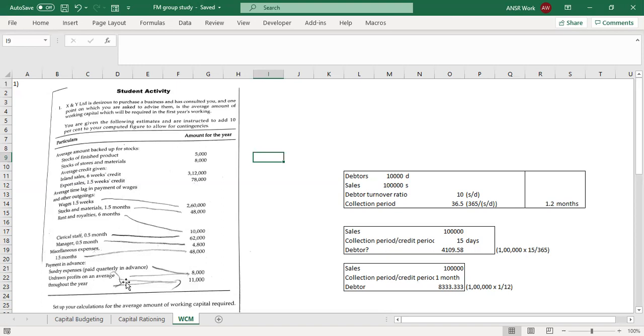Not creditor, credit. Average credit given, that's debtors, isn't it? Debtors, right?